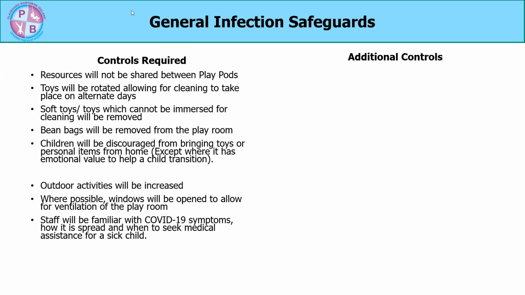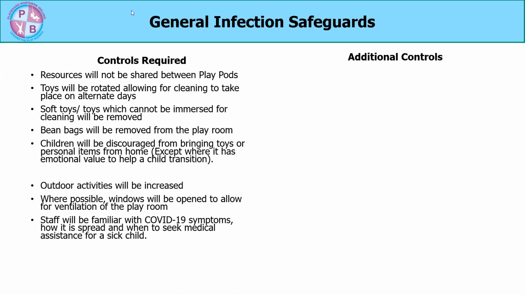Soft toys and toys which cannot be immersed for cleaning will be removed. Anything with an intricate part, like toys that would have batteries, things that would prevent them from actually being immersed in water, you might want to consider removing from the play setting. Bean bags will be removed from the playroom.